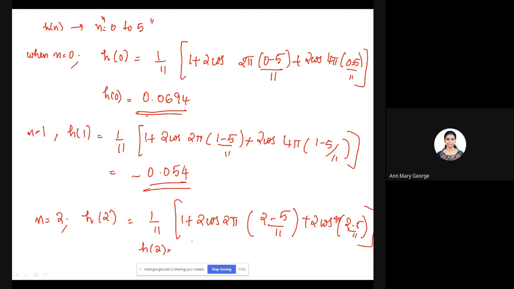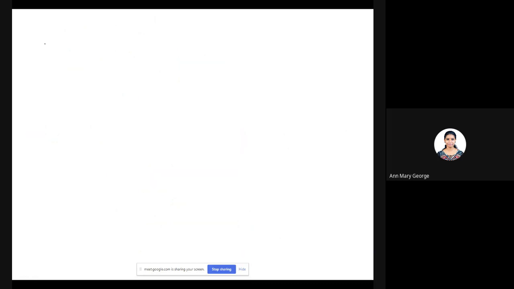We are just substituting the values in the h of n expression. Okay, minus 0.1094.